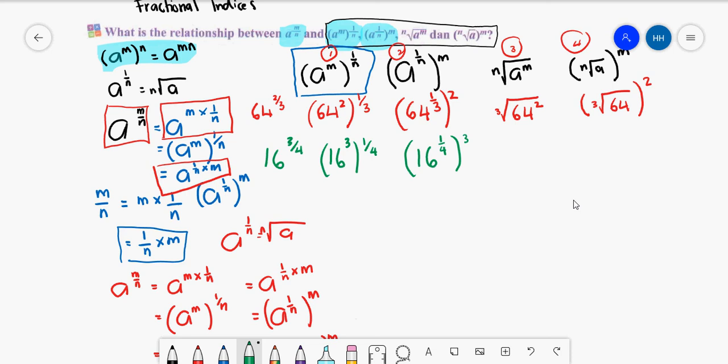Next, 16 to the power of 3, and then we have the fourth root. For this one, we have the bracket first, and then fourth root 16, and then the power 3 we put outside. So that's how you write numbers in these 4 forms.